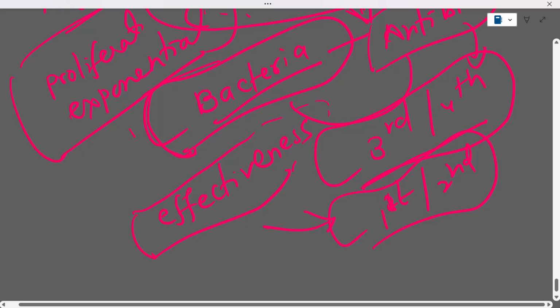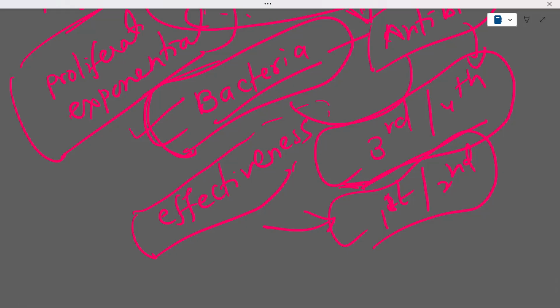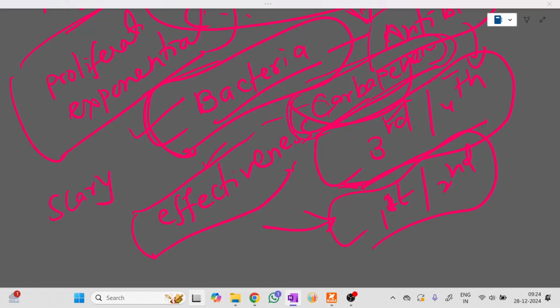And since bacteria are developing resistance, it's not far from the truth that these strains, third and fourth generation, and even the most potent one, carbapenem, one day, if this resistance is not stopped, the highest class of antibiotics may lose their effectiveness, and that will be a scary situation.